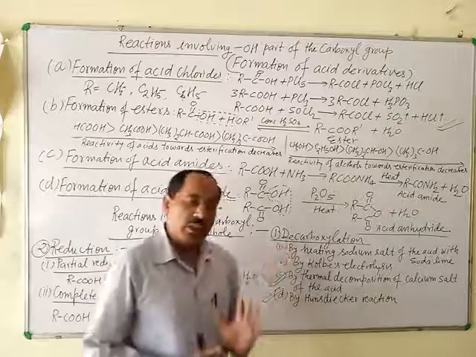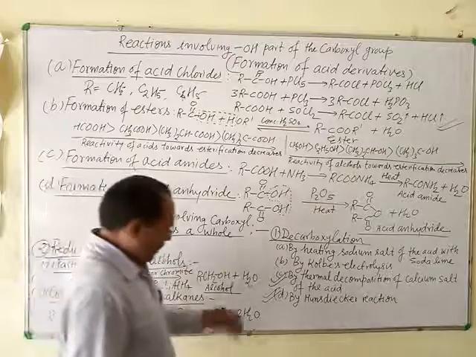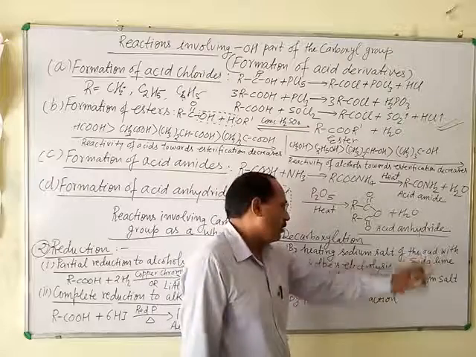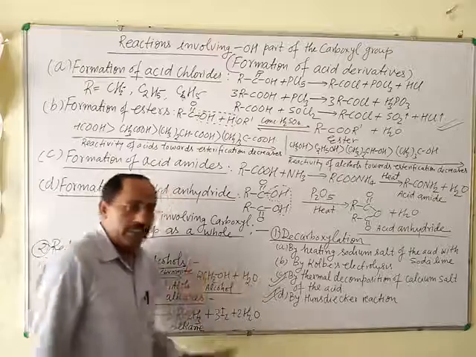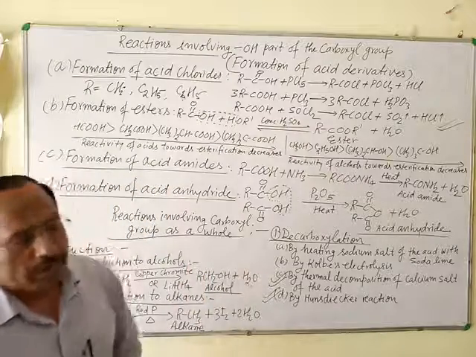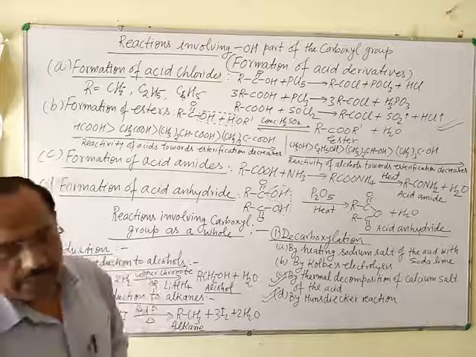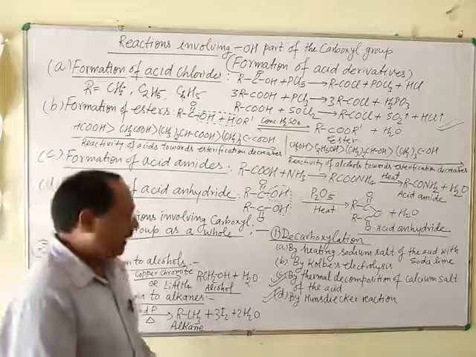Decarboxylation of carboxylic acid or its salt can be carried out by heating the sodium salt of the acid with soda lime. By direct heating, a carboxylic acid loses a molecule of carbon dioxide and gives the corresponding alkane.